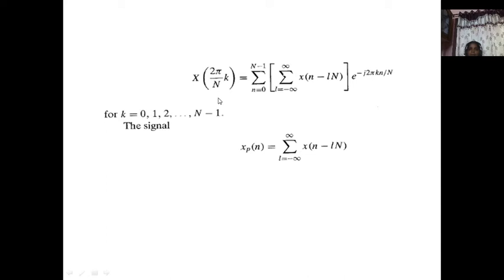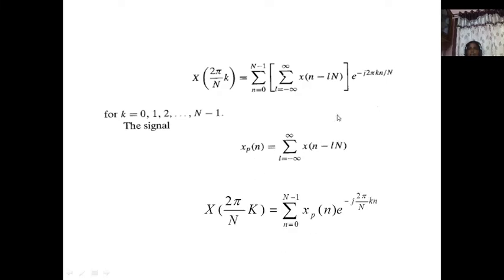In the case of Fourier transform samples, the periodic signal is given by summation l equals minus infinity to infinity x of n minus lN, where l can vary from minus infinity to infinity. This is notated as xp of n, the periodic signal, and is equivalent to the representation of a periodic signal.